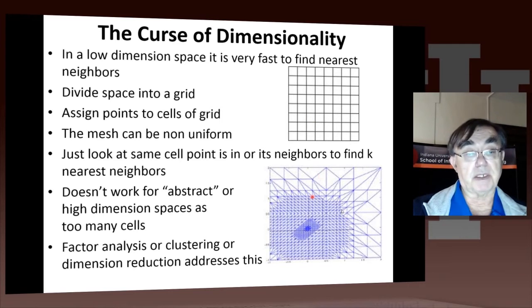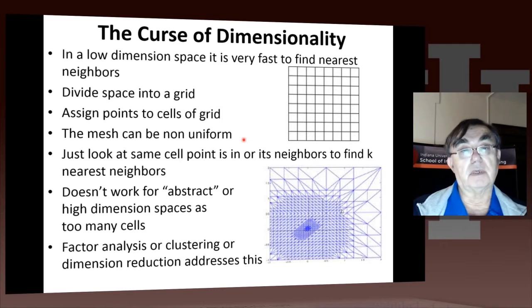If you have high dimensions, you can easily see that it's not feasible to divide them into cells, because you want a reasonable number of cells.